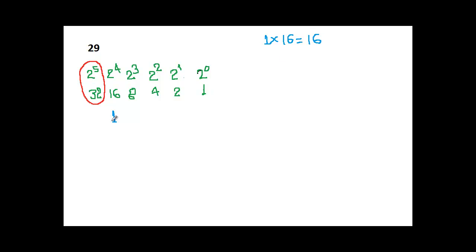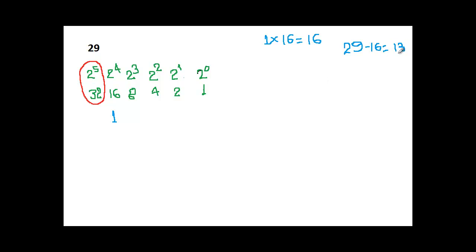I repeat, if I place 1 at this place, I have represented 16 because this place has the place value of 16. So I have to calculate what remains. I wanted to represent 29. I already got 16 by placing my 1 here, and 13 remains to be represented. 29 minus 16, 13 remains to be represented.